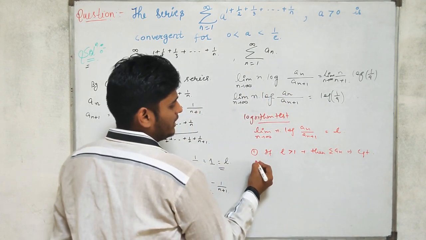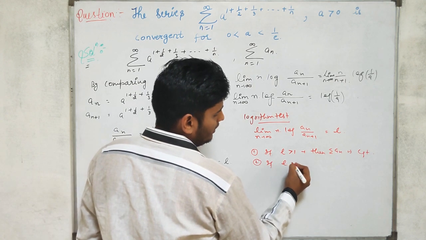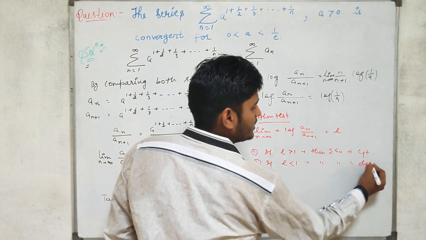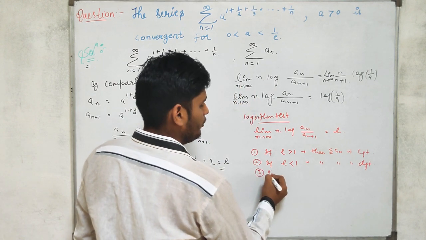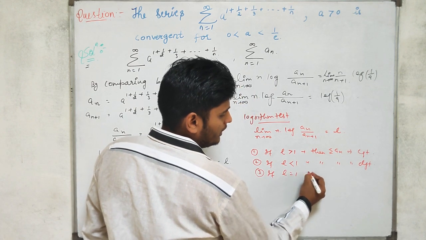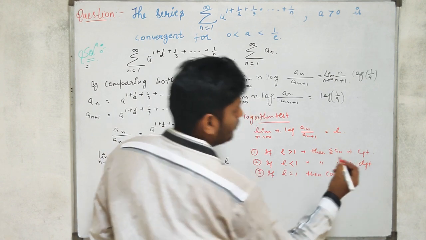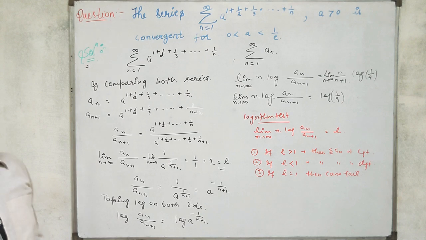Second case: if L is less than 1, then this series is divergent. Third case: if L is equal to 1, then the test fails. So this is the logarithmic test.